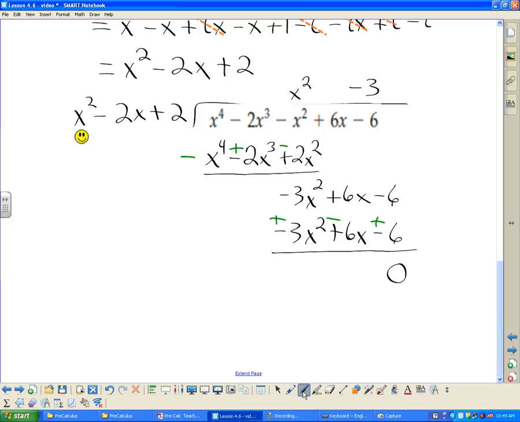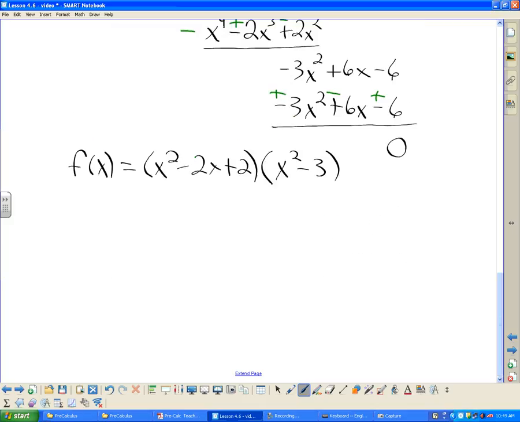So our answer for this problem, when we factor it, is going to be x squared minus 2x plus 2 times our answer we just got, x squared minus 3. But we can still take the x squared minus 3 and write it as real factors, because we can use the square root of 3.